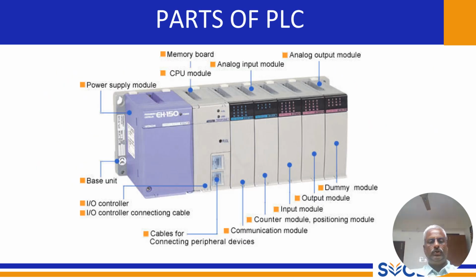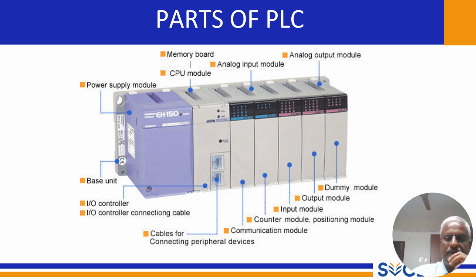So this slide shows the photographic view of a particular PLC. The purple colored component is the power supply unit, and the top layer consists of the CPU module, the analog input module, the analog output module, and the entire vertical component is the counter module, positioning module.